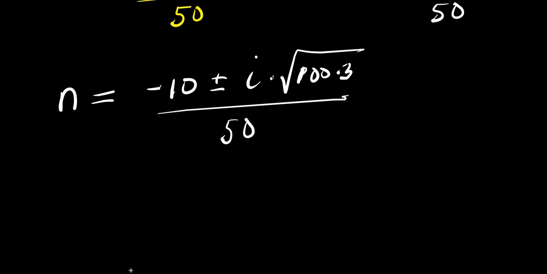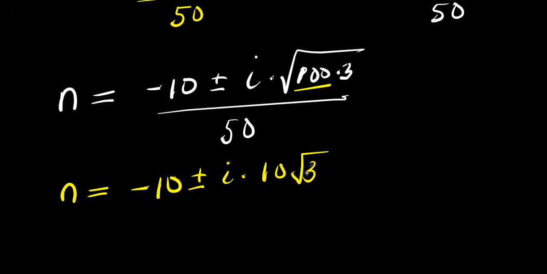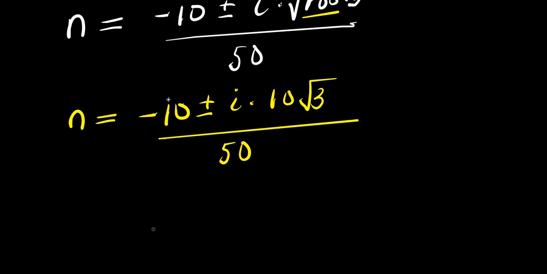So from here, I can simply have n equals -10 plus or minus i times square root of 100, that is 10, times root 3, divided by 50. 10 can cancel this once, cancel this once, cancel this 5.